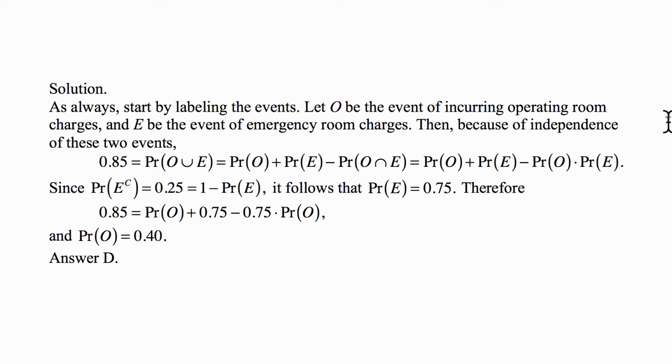It's because we would have the probability of O calculated as 0.1 divided by 0.25, and that's the same as 0.4 divided by 4 times 0.25, which is 1, so 0.4. So probability of O is 0.4, and that's answer D.